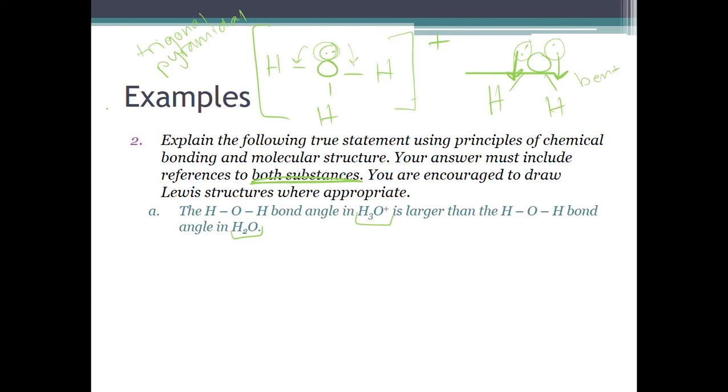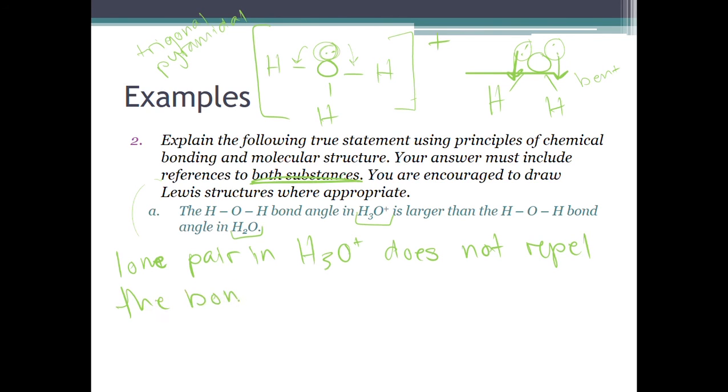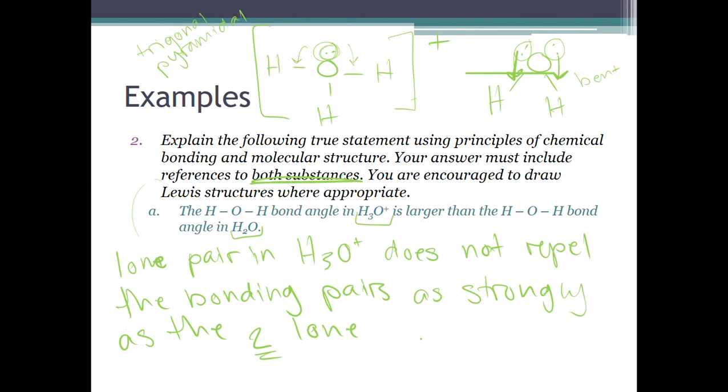So you could say something to the effect of the lone pair in H3O plus does not repel the bonding pairs as strongly as the 2 lone pairs in H2O.